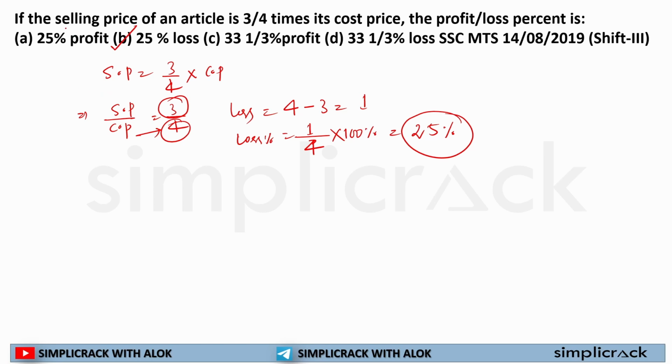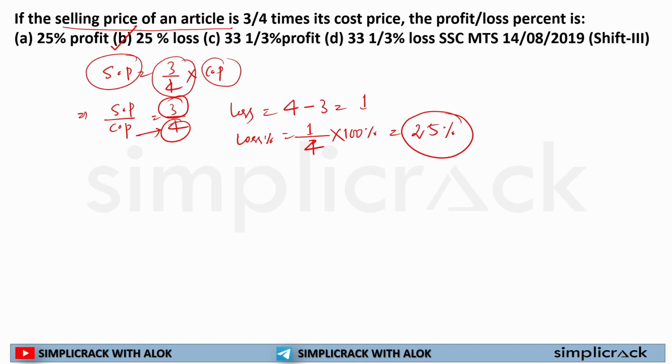It is written selling price of an article is 3 by 4 times, which means 3 by 4 multiplied by cost price. And I simply take cost price to the left hand side and put it in the denominator, and I find out my answer. I'm telling you again, if you do not understand this, I will solve your query in the SSC Monk official channel again, but ensure that you are understanding each and every concept clearly.